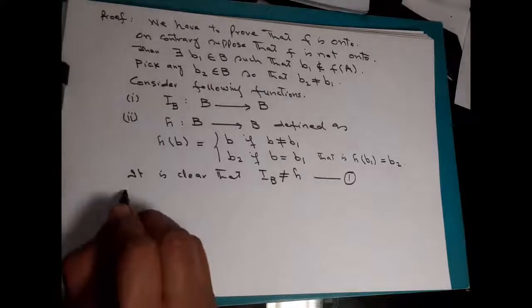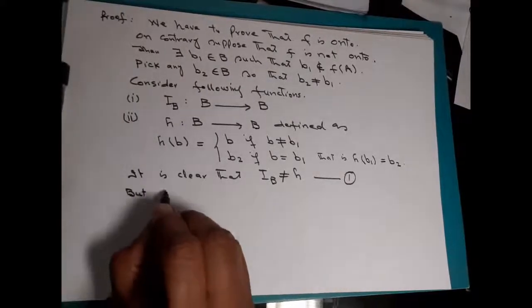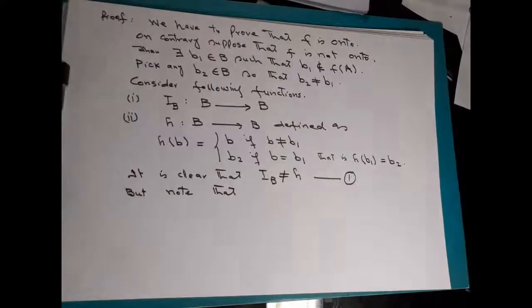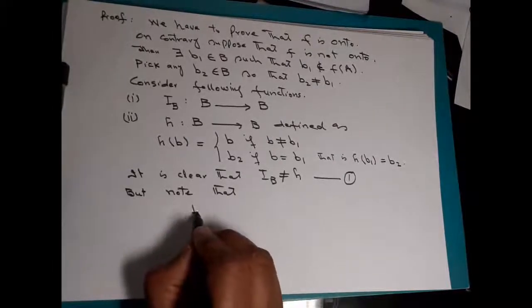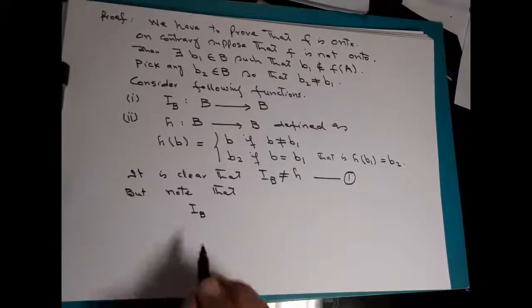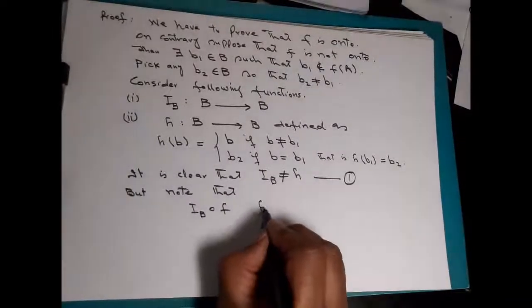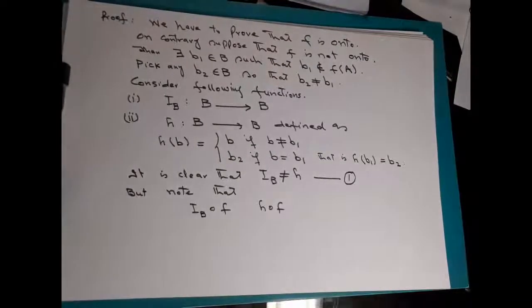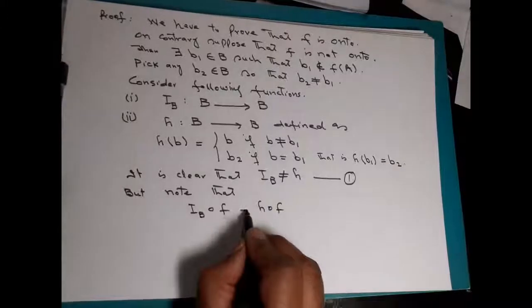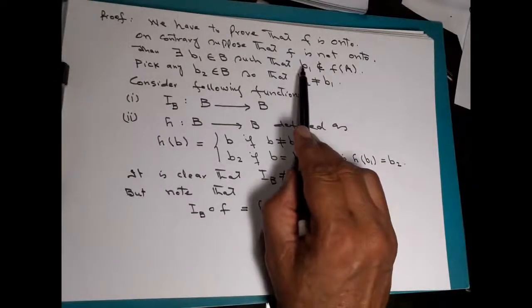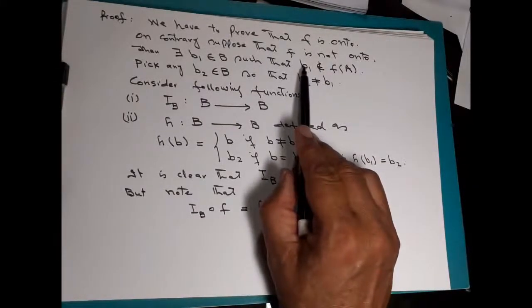But note that if we compose identity of B with f and we compose h with f, these two results will be the same. Now you might be surprised why this is going to happen. In fact, the reason is b1 is not in the image.